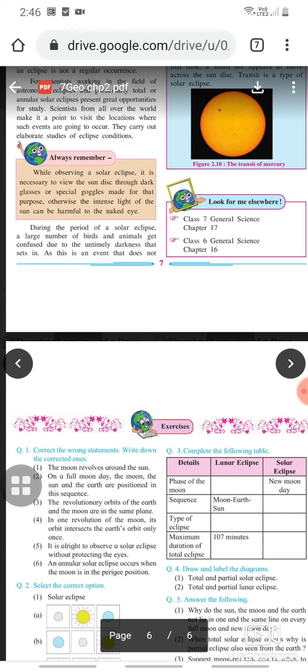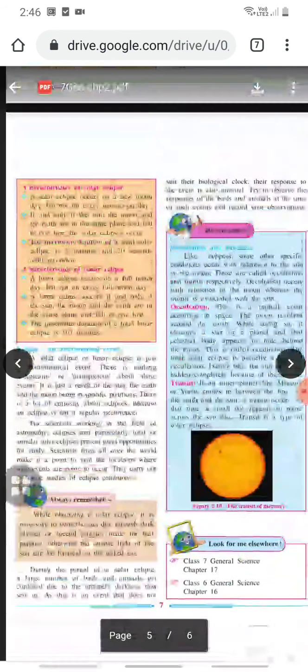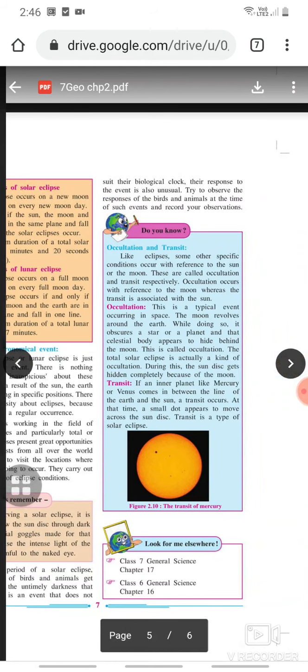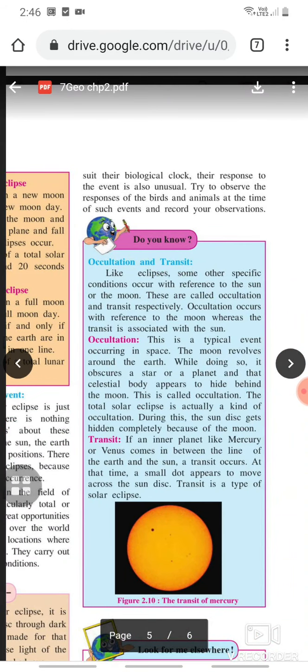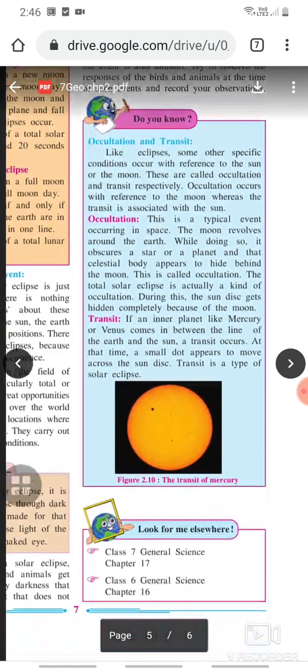As this is an event that does not suit their biological clock, their response to the event is unusual. Try to observe the responses of the birds and the animals at the time of such events and record your observations. Do you know about occultation and transit?